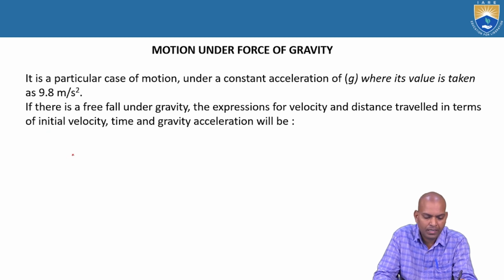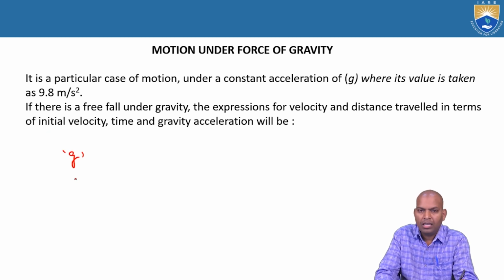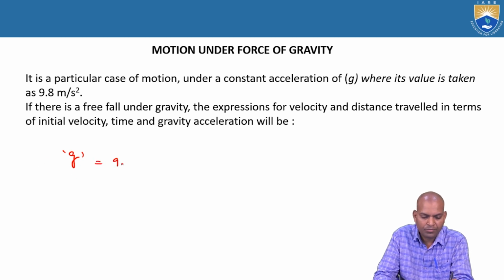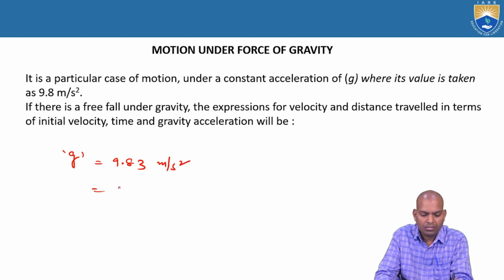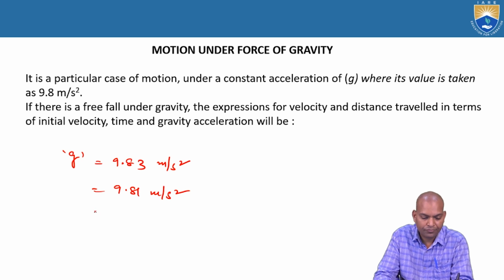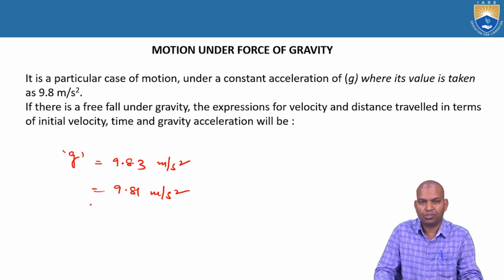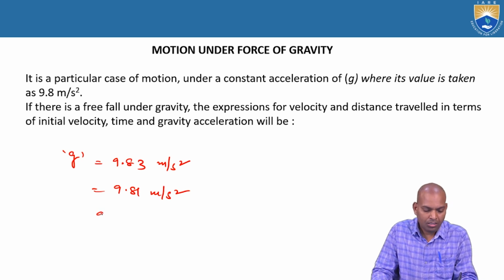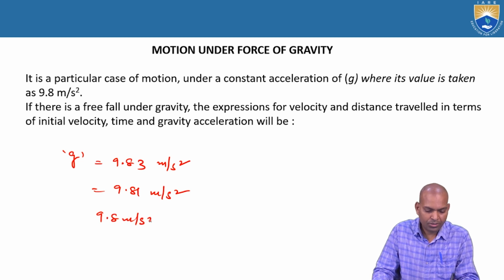It is denoted by the letter g, and its value is sometimes taken as 9.83 meter per square second, sometimes 9.81 meter per square second, but we are going to consider this g value as 9.8 meter per square second.